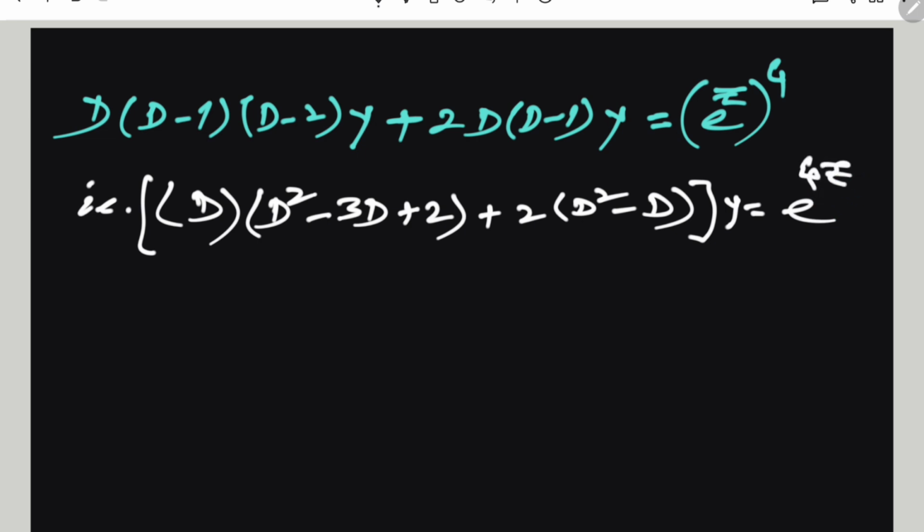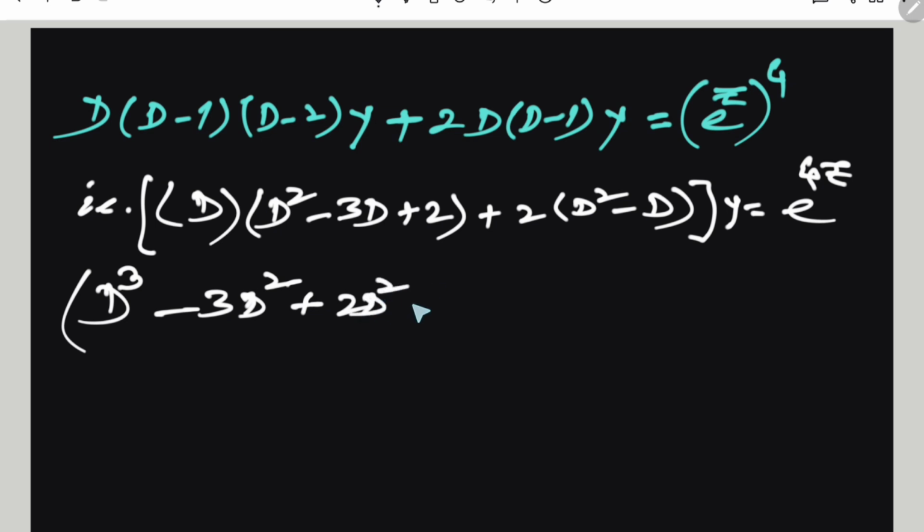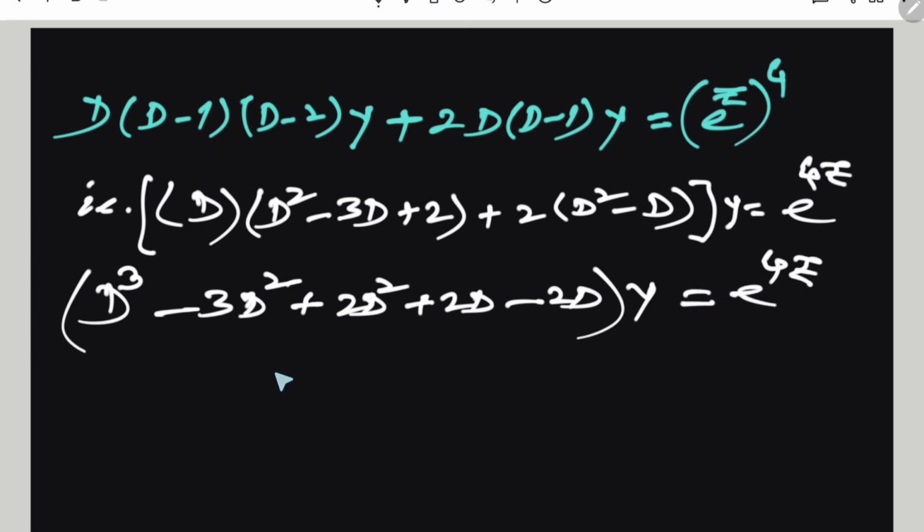Simplifying it further, we have D cube minus 3D square plus 2D square plus 2D minus 2D into y equal to e raised to 4z. Plus 2D and minus 2D get cancelled.